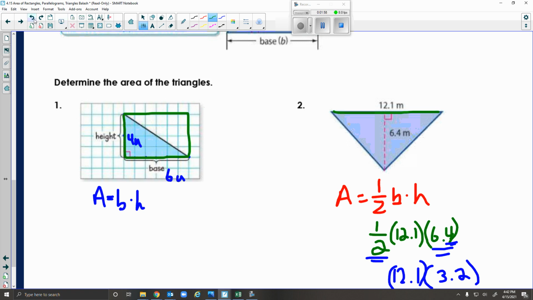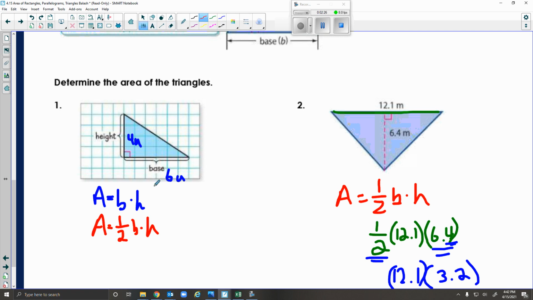So what I can do is modify this formula: area equals half of the base times the height. That way I only get this part of the triangle, which I'm highlighting now in red. Okay? So let's just get back to the triangle though.